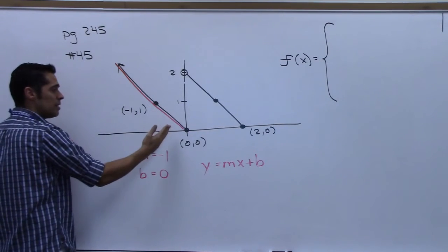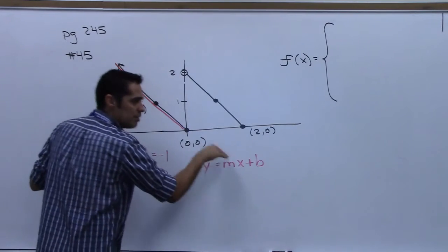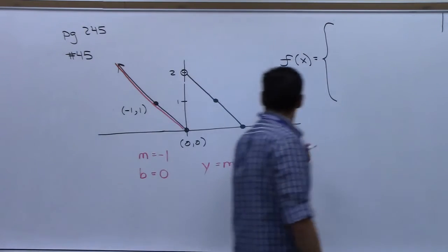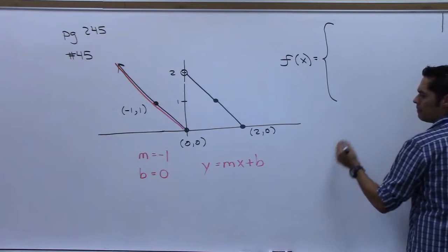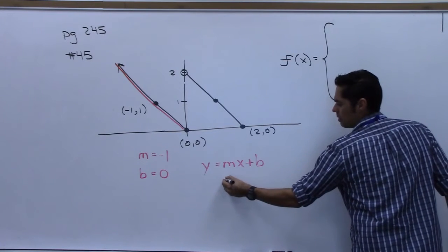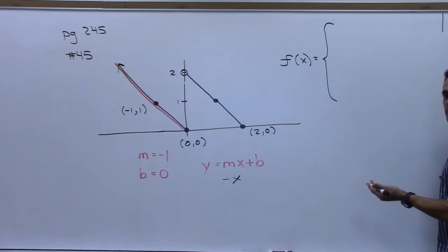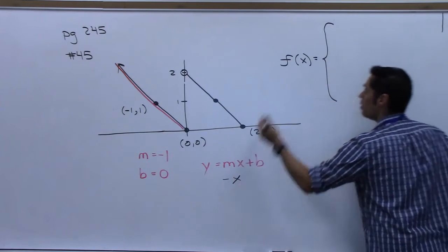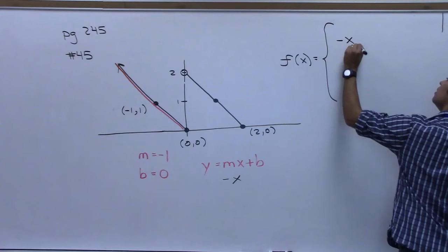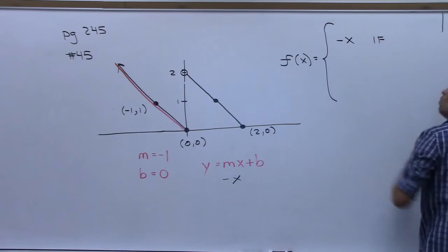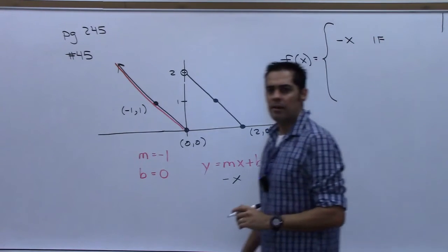But I have to restrict it because it doesn't keep going, right? It stops here at 0. So what would I get here? If I replace this, I get -1 in front of x and -x plus 0, just -x, right? So y is -x. So this will be -x if, what though? Your x value is what?